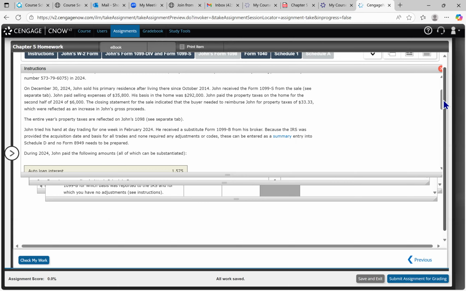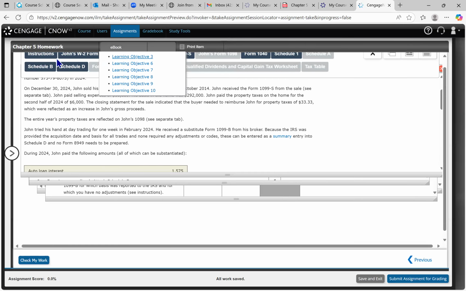His basis in the home was $292,000. So what we'll want to do is go and show that information on the Schedule D. Oh, let's look at the 1099-S form here.